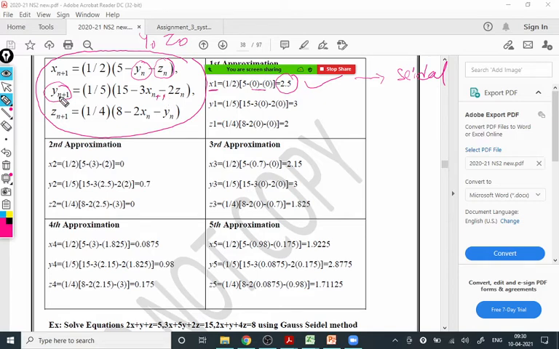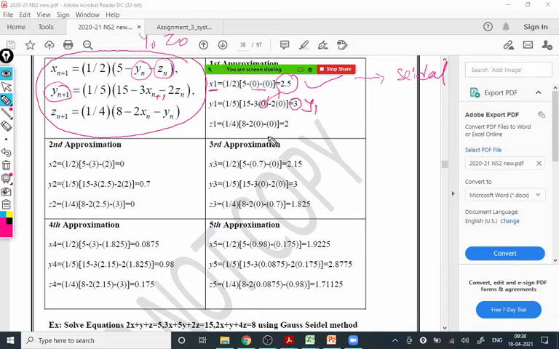That means when you calculate yn plus 1, it is 15 minus 3x1 minus 2z0 only. Why z0? Because z1 is not available, so here it is zn only. So in this case the formula becomes 15 minus 3 into, instead of 0, 2.5. So take 2.5 there, and you get a different value for y1.